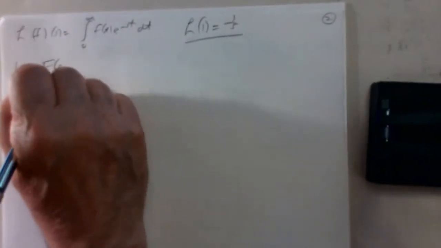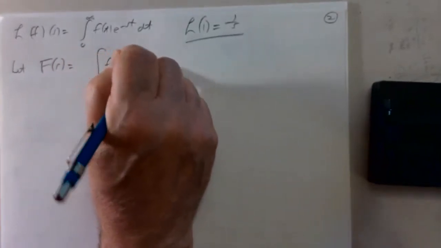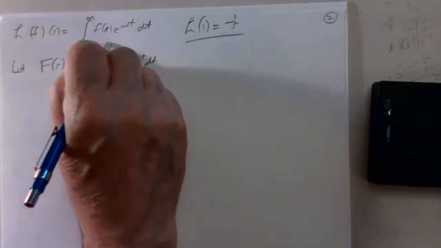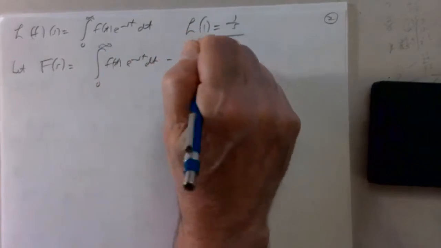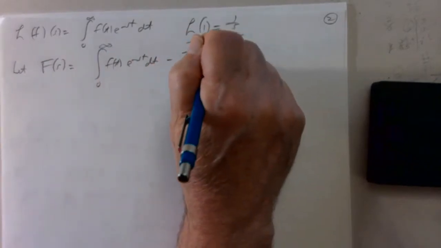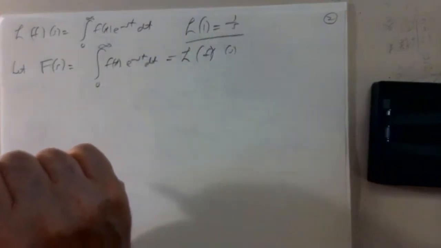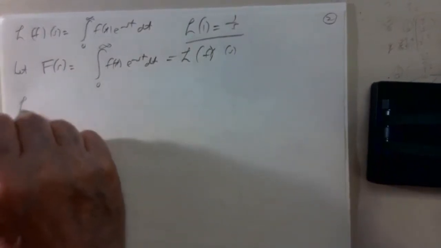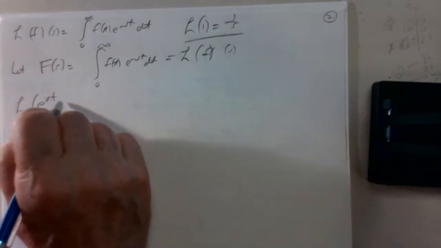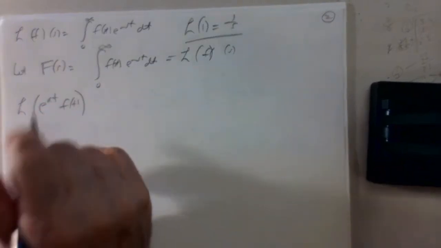Suppose we let capital F of s be the Laplace transform of f, the integral of f of t e to the minus st dt. Suppose I multiply f by e to the at. So I take e to the at times f. What's the Laplace transform of that?